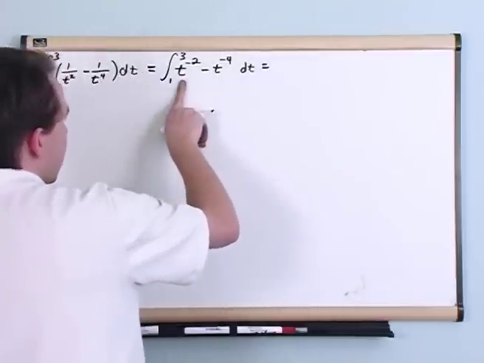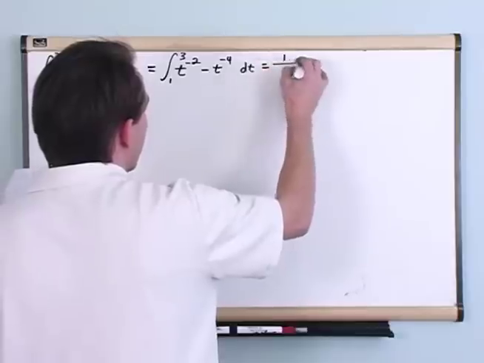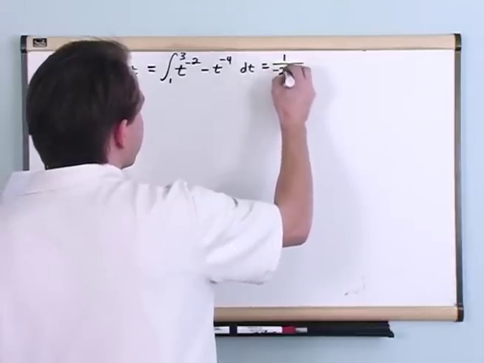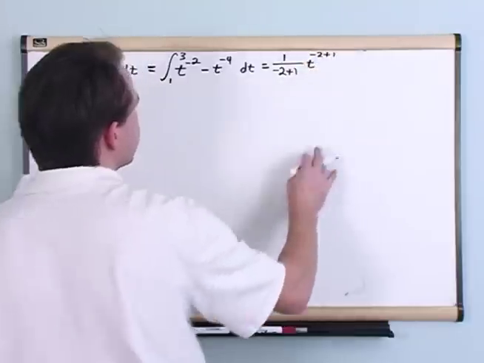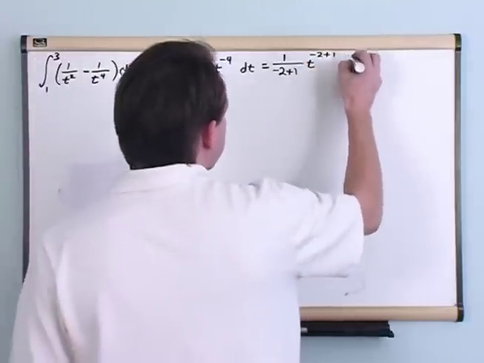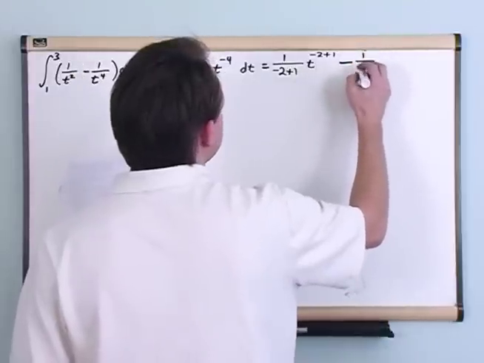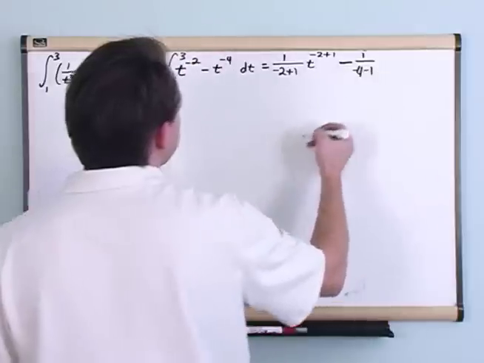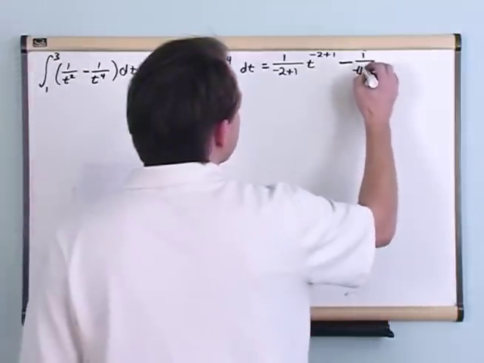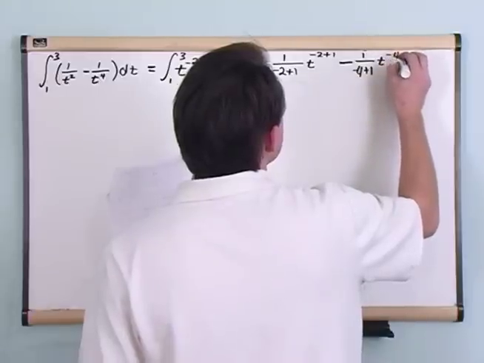And when I write it this way, it becomes much easier. Now, in order to apply the rule, I do it the same way as I did before. No big deal. 1 over minus 2 plus 1 t to the minus 2 plus 1, minus the second term, which is 1 over negative 4 plus 1, I'm sorry, negative 4 plus 1 is what we're doing when we integrate, t to the negative 4 plus 1.